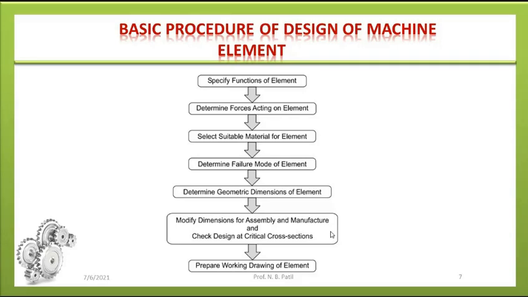If it is required to modify some dimension in order to manufacture it, you have to do that at this step, but be confirmed that it will not fail in actual working condition. Then prepare the working drawing of the element, that means assembly and detail. So this is the total procedure of design of a machine element.